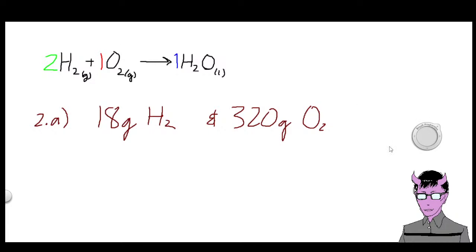Going back to the problem. Again, we have 18 grams of hydrogen and we have 320 grams of oxygen. The question is, how many grams of H2O? How many grams of water?